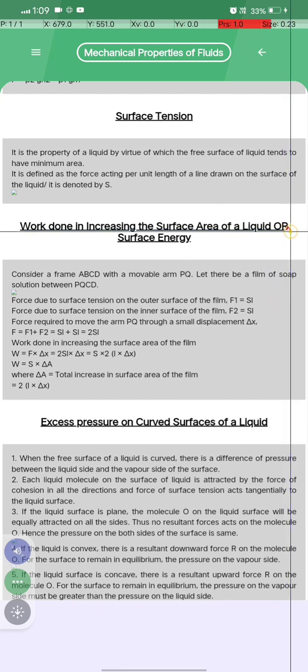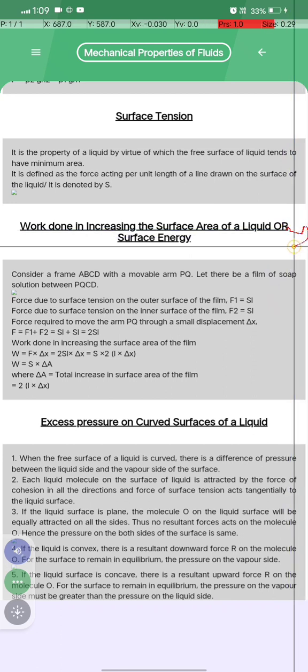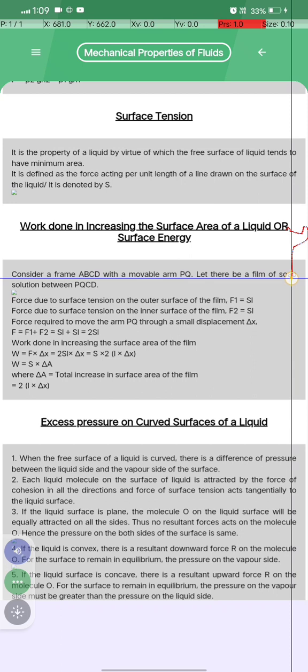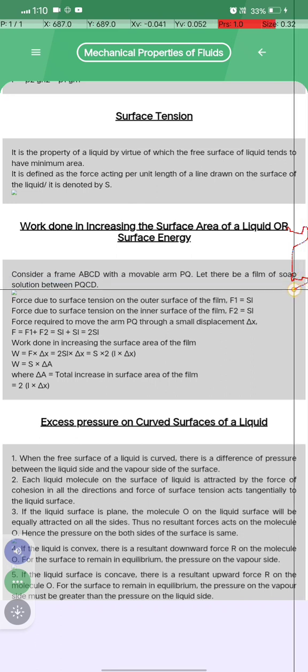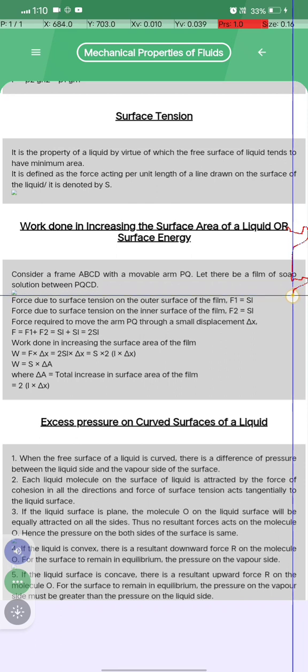Work done in increasing the surface area of a liquid is the surface energy. Consider a frame ABCD with a movable arm PQ, and let there be a film of soap solution between PQCB.